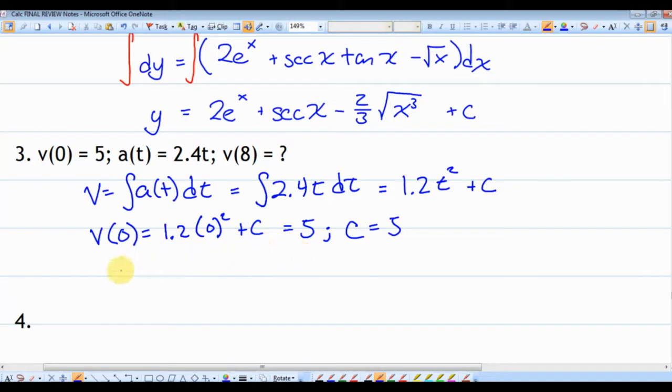How do I get the velocity at 8? Plug in 8, good. 1.2 times 8 squared plus 5.